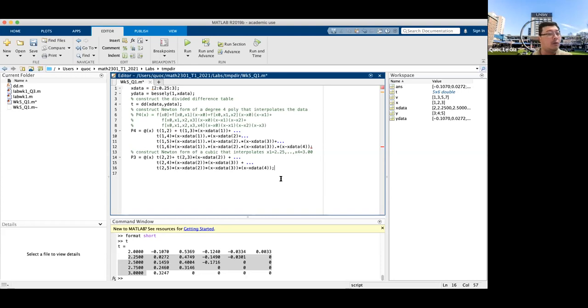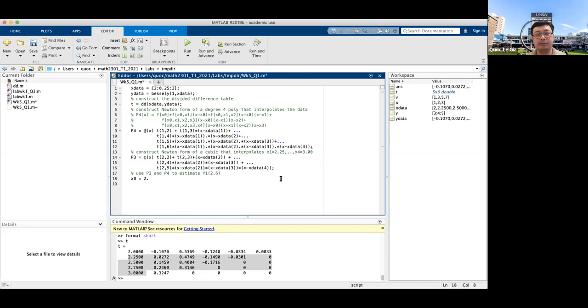Now we have to use P3 and P4 to estimate the value Y1 at 2.6. Suppose I call X0 is 2.6, the point I'm interested in.